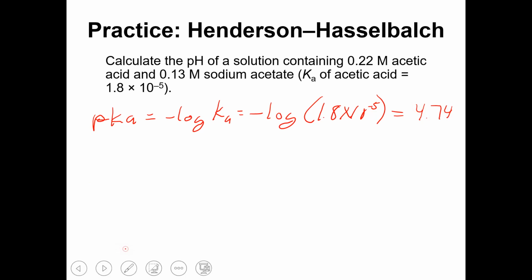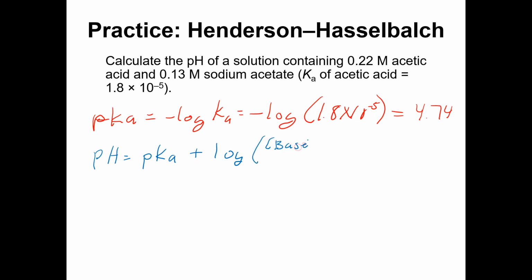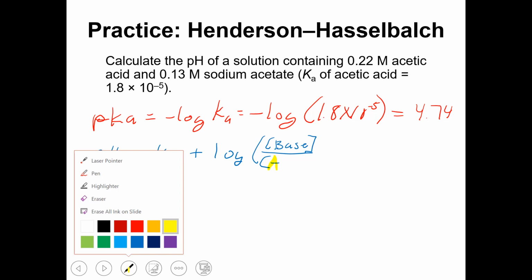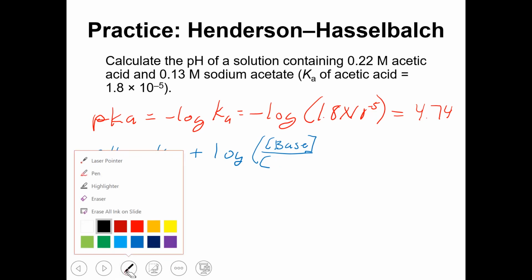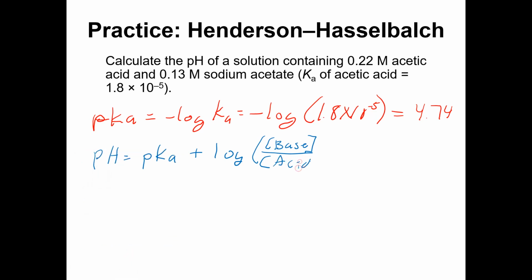So we can now take the Henderson-Hasselbalch equation. pH is equal to pKa plus the log of the concentration of the base over the concentration of acid.